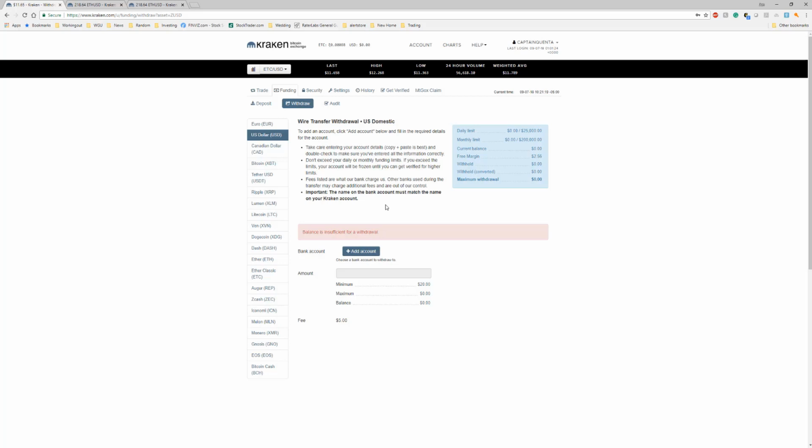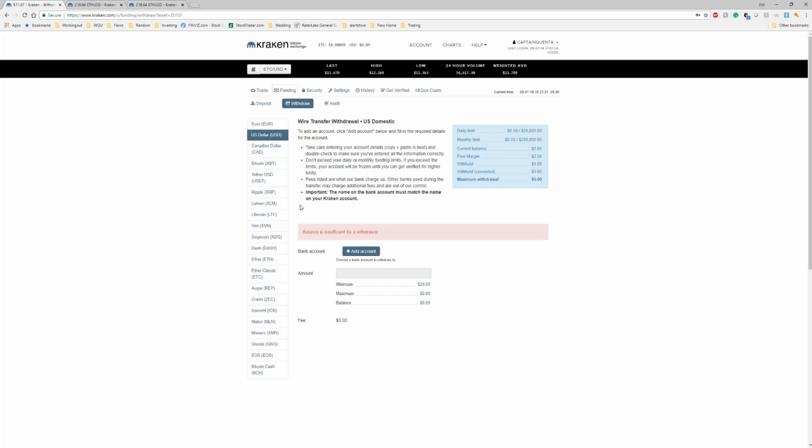It's very similar to Coinbase. This is one of the few U.S. exchanges that actually lets you deposit U.S. dollars into the exchange. A lot of other exchanges, you can't do that.